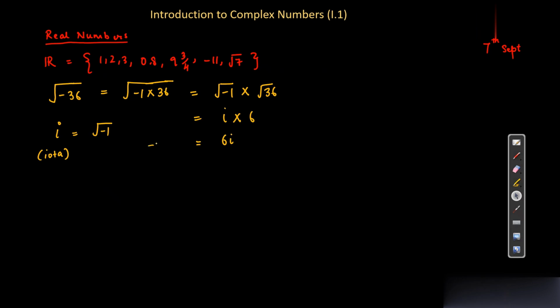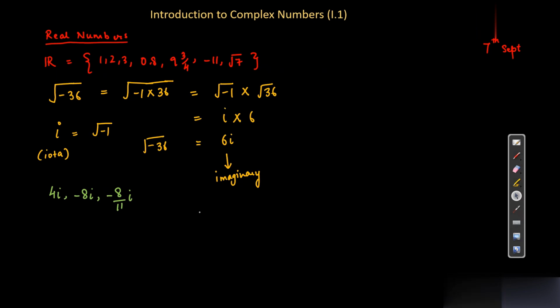So the square root of -36 equals 6i, and this 6i we call an imaginary number. If I write some imaginary numbers, they can be 4i, they can be -8i. It can be fractional as well. So these are all imaginary numbers.